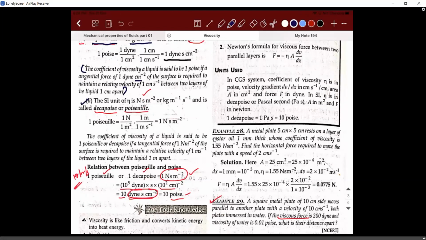Dyne second per centimeter square is replaced with Newton second per meter square or kilogram per meter per second. All these put together is also called decapoise, or it has another name called Poiseuille.